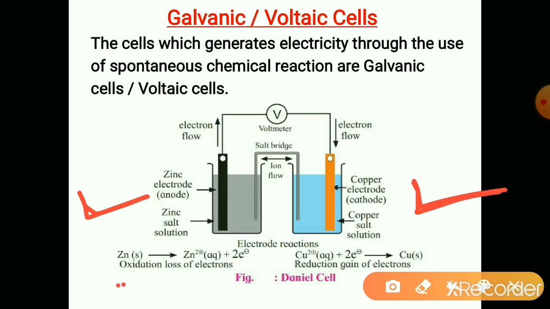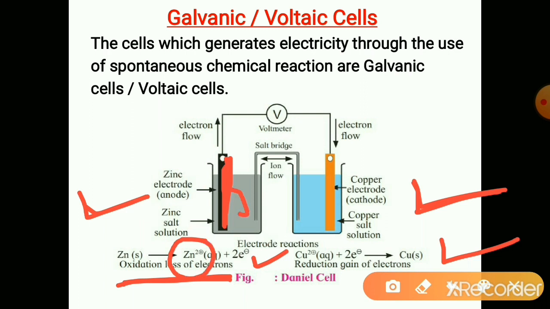In the zinc half, the reaction that takes place is oxidation. The oxidation occurs on the zinc and reduction occurs on the copper. Oxidation is loss of electrons. So zinc metal, this strip of zinc, loses 2 electrons per atom and zinc ions are produced.